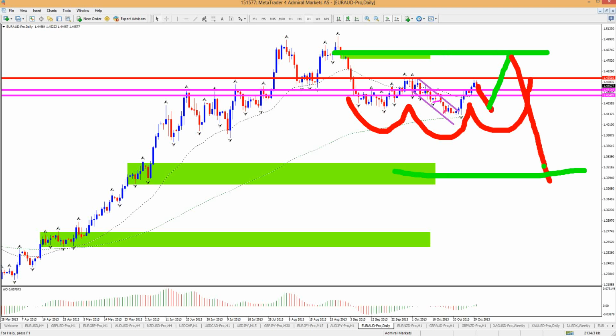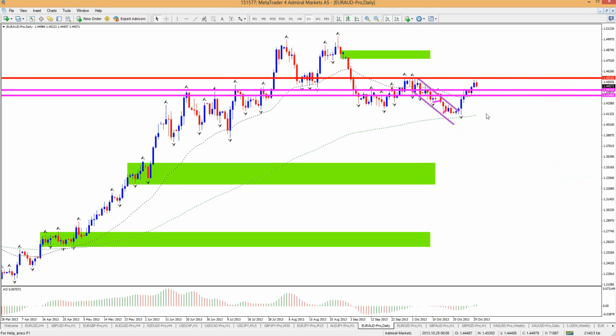I think I already said that yesterday, in fact. But anyhow, I'll repeat it one more time. So I wouldn't be surprised to see something like that with the euro. But I realize I said that yesterday already. Let's see.